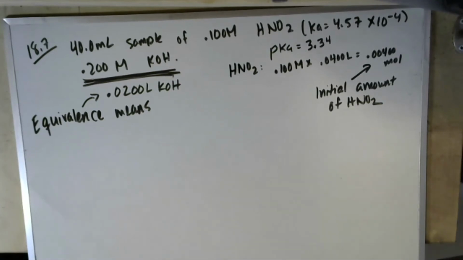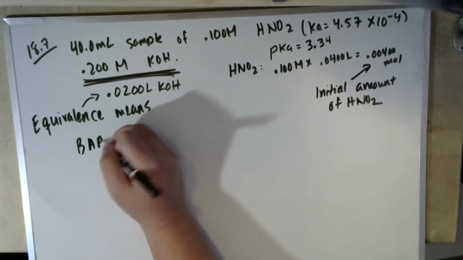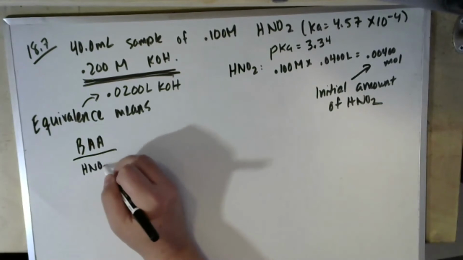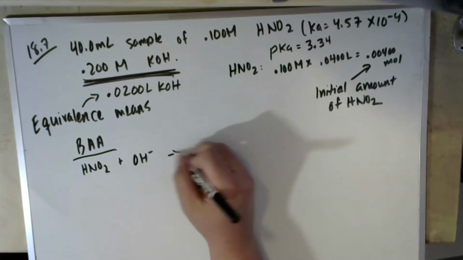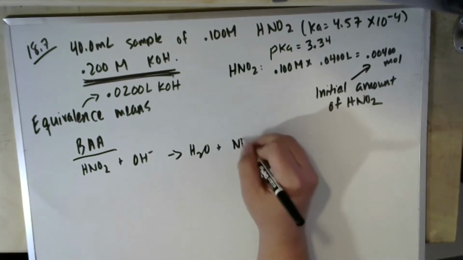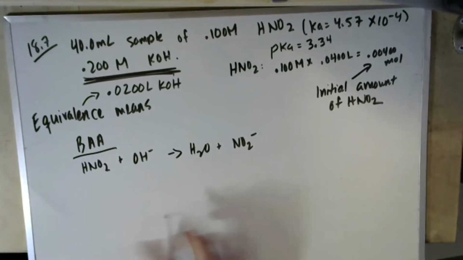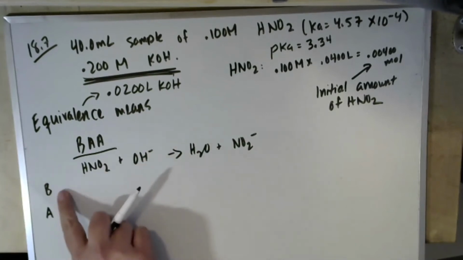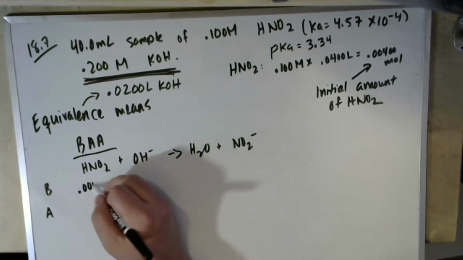So we're going to write out our BCA table here. We have our HNO2. We're going to be adding our OH minus to it. And we have to track what happens now that we are at equivalence. Our before value is going to be 0.004 moles for our HNO2.